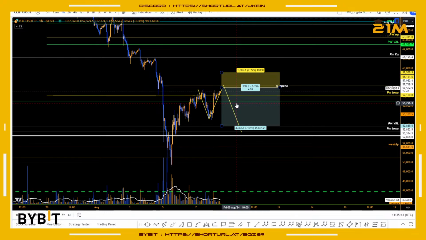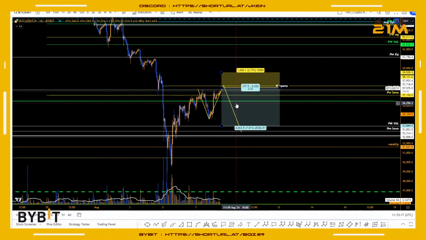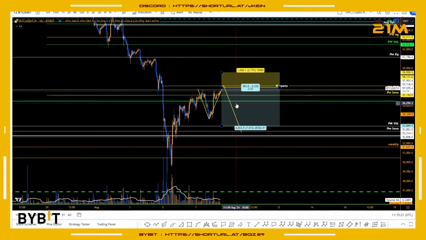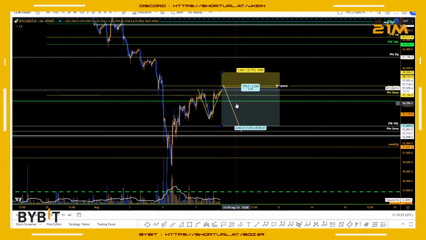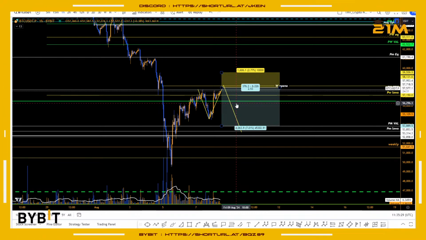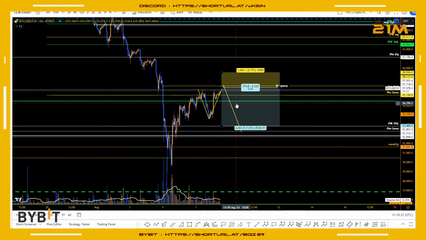You have the support and resistance algo. This support and resistance algo is so unique, guys, because every support and resistance indicator you will see in the market runs on a specific set of candles. Basically it computes support and resistance based on historical candles.